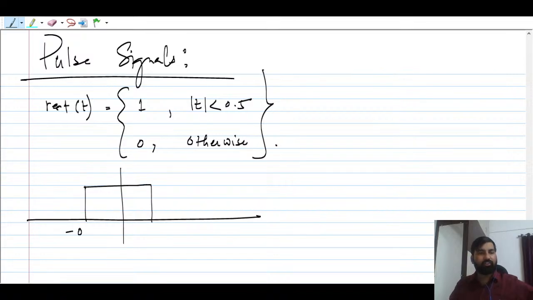Between minus 0.5 to 0.5, it is nothing but 1. This is going to be the rect, and this is one of the very useful pulse signals used in digital communication as well, right? So it is very important, and it has got huge application in digital communication.